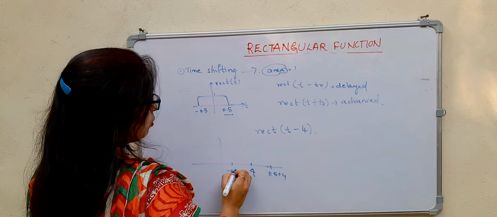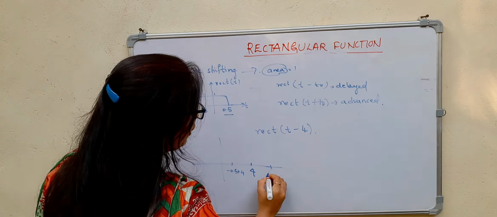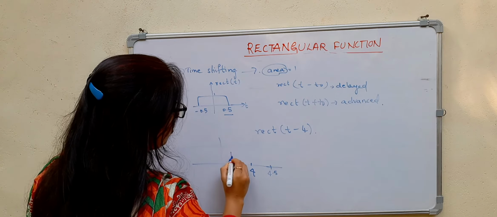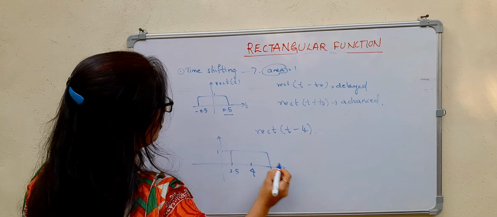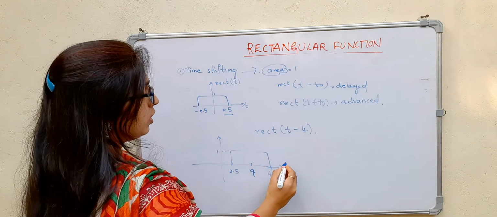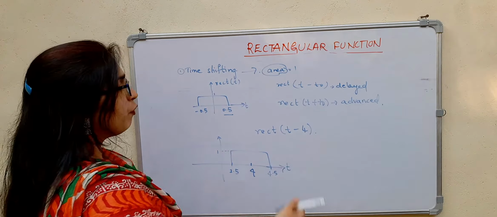This is minus 0.5 plus 4. So this will be your 4.5 and this will be your 3.5. The height will be unity. So this is your rectangular t minus 4, shifted towards the right by 4 units.